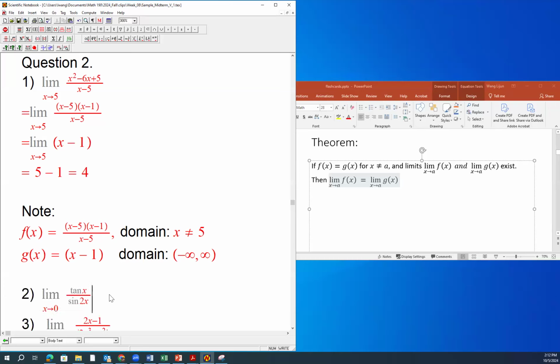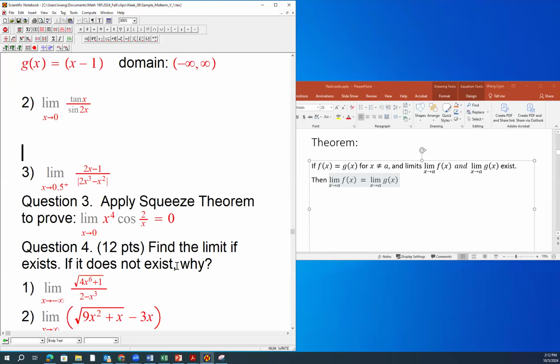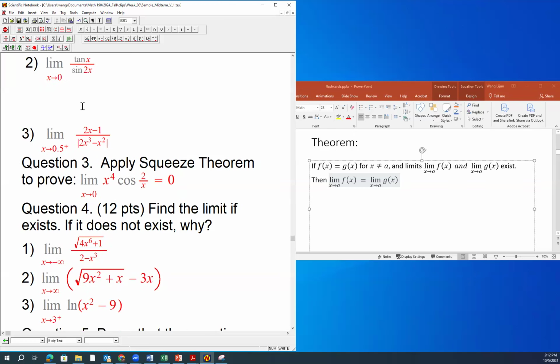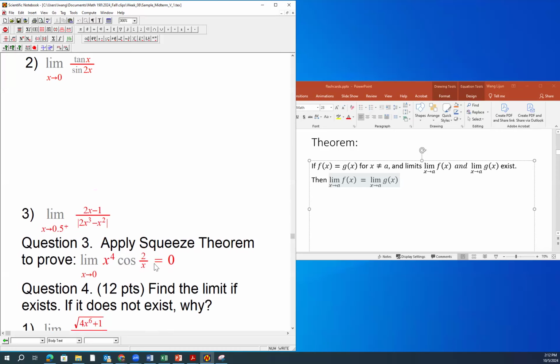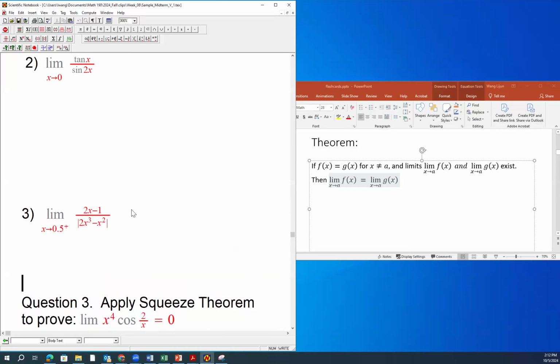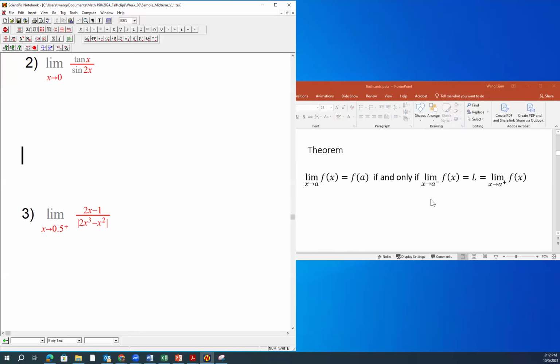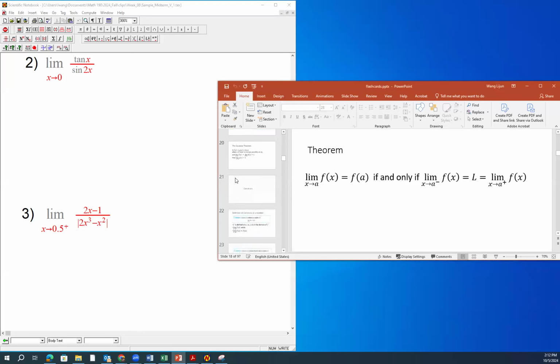The next part about limits is about two special trig identities. Let's write down these trig identities. Let's find them.